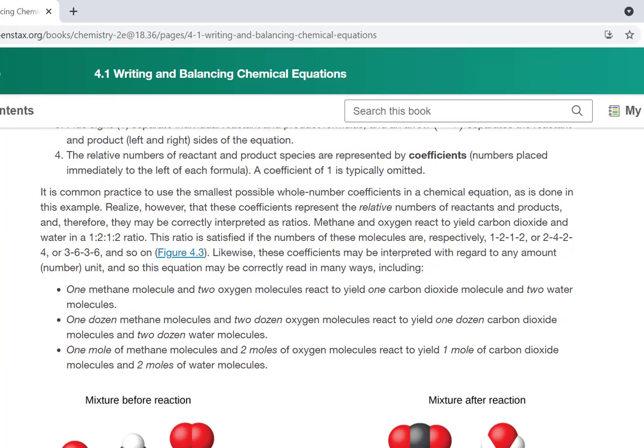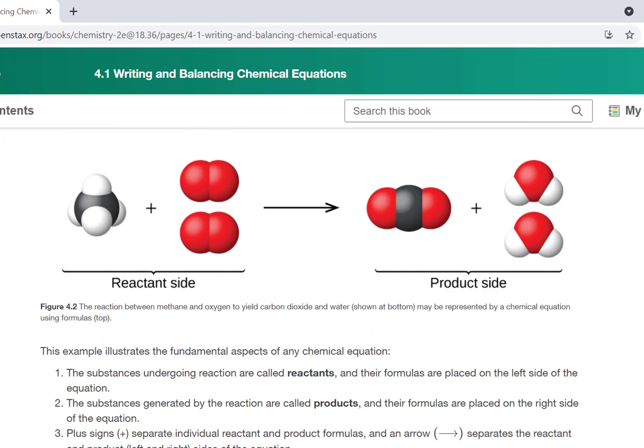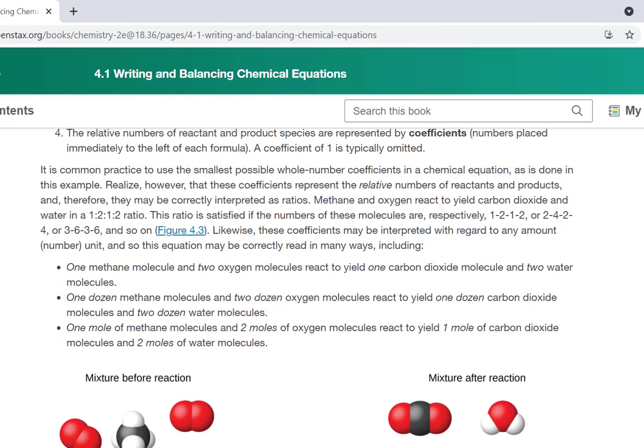One thing, a little bit more with the coefficients. We're showing here molecules on the molecular level. We could also talk about that on the macroscopic level. So we could say a mole of methane, 2 moles of oxygen, and that's typically how we'll be doing it, because you can scale up by basically multiplying everything by Avogadro's number.